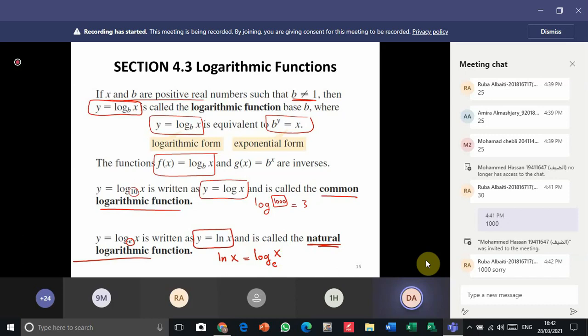This is both, but for simplicity we don't write log e, this is ln. Okay, ln is the natural logarithmic function. If we have ln, this is the logarithm with base e. If we have log without any base, the base equals 10.